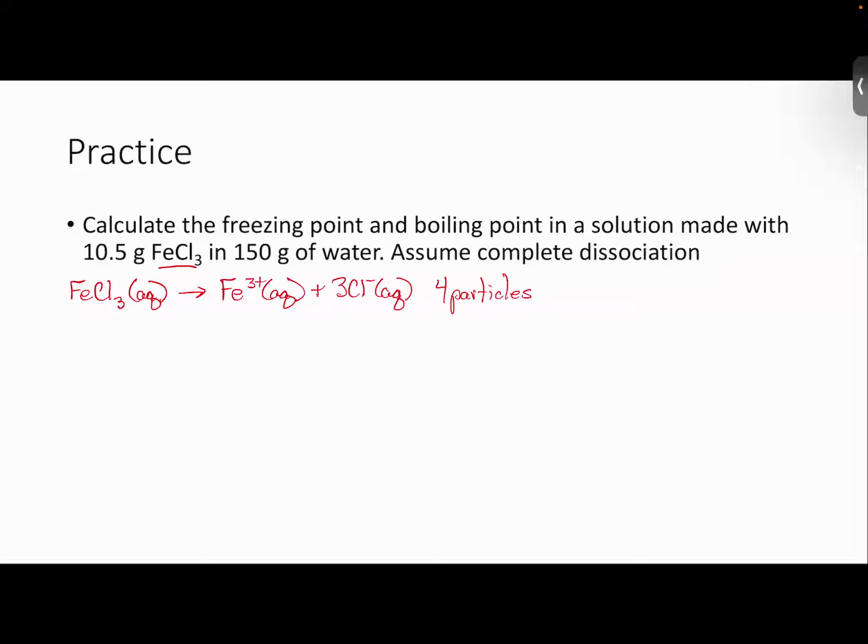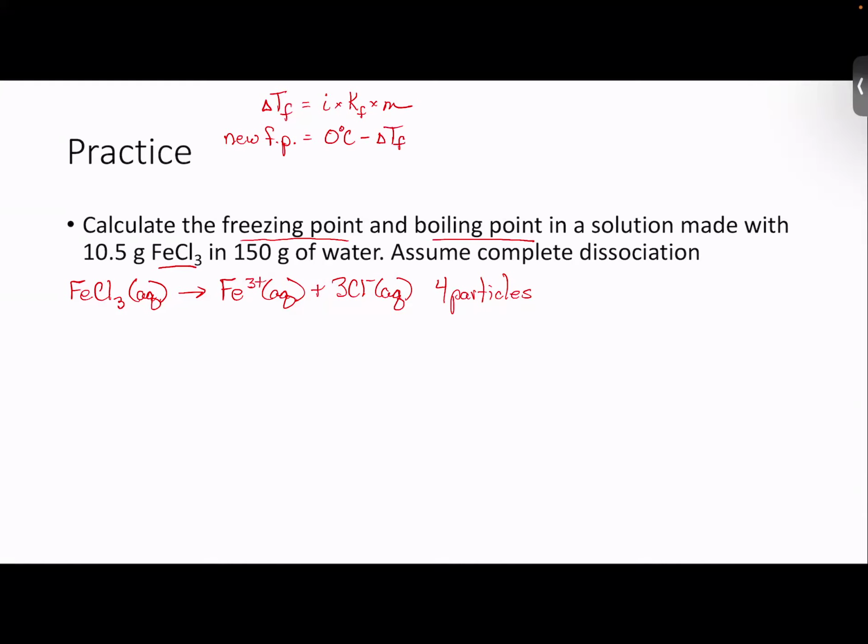Now, the next thing I notice is I want freezing point and boiling point. So I'm going to have to use the equation delta TF is equal to the Van Hoff factor times KF times molality. And then the new freezing point is equal to 0 because we are dealing with water, minus the delta TF.